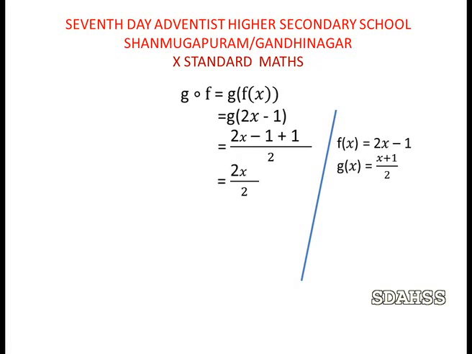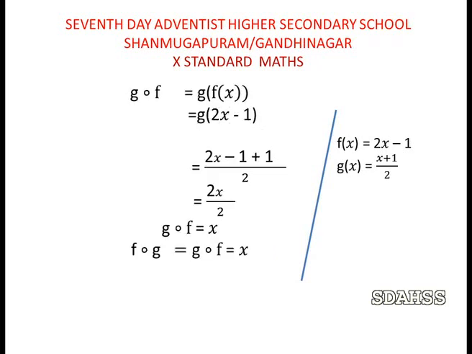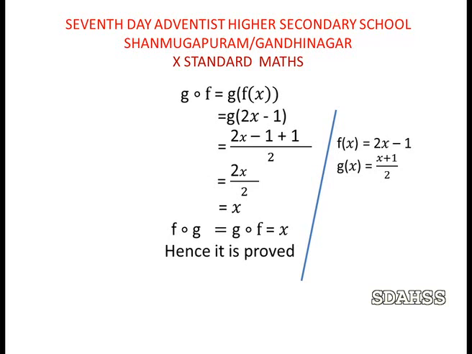So it becomes (2x minus 1 plus 1) divided by 2. In the numerator, plus 1 minus 1 cancelled. Now you have 2x by 2. Cancel the numerator and denominator by 2. Then you have x. G dot f is equal to x. Now you have f dot g is equal to x, g dot f is also x. So it is proved.